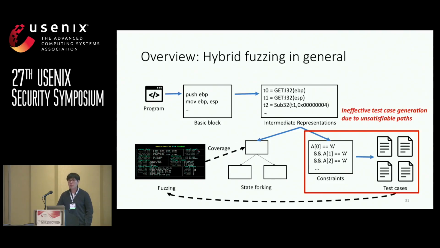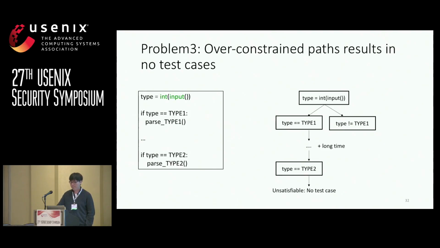Third, I want to talk about ineffective test case generation due to unsatisfiable paths. Another problem is that paths may be over-constrained and result in no test cases. For example, there is another sample that gets a type, and it checks whether type is type 1, and after a long execution, it will check type equal to type 2.